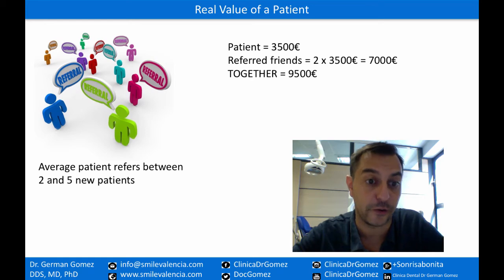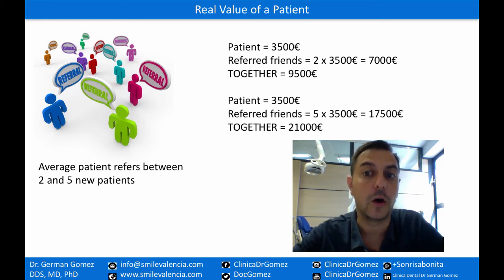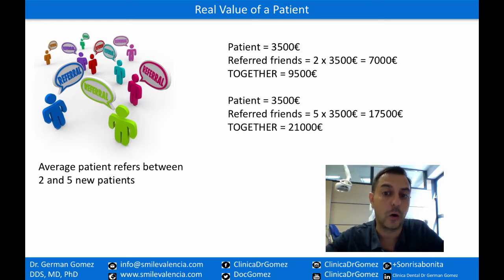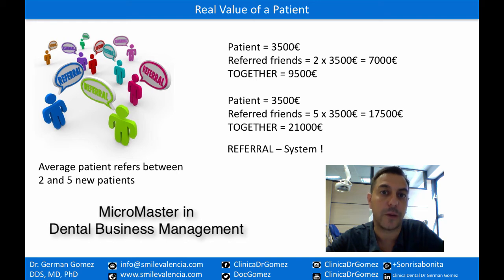But if he refers 5 new patients, all of a sudden all together would be 21,000 euros. That's why you should implement in your office a referral system. Referral systems are described in the MicroMaster of Dental Business Management.